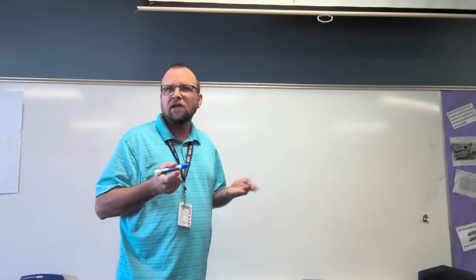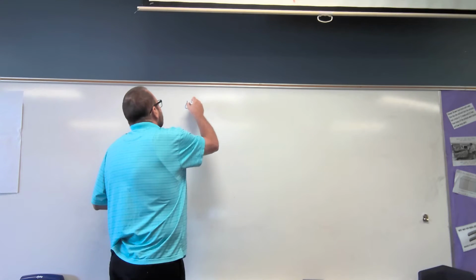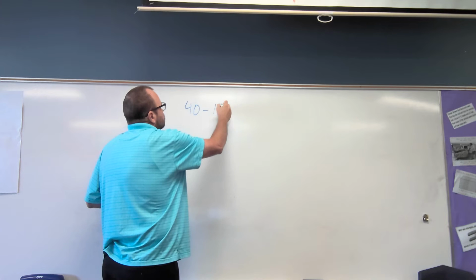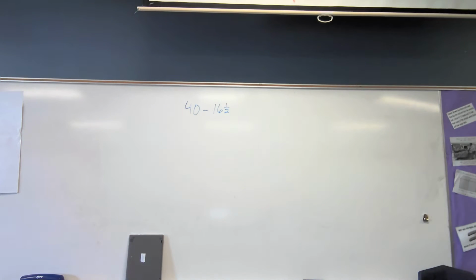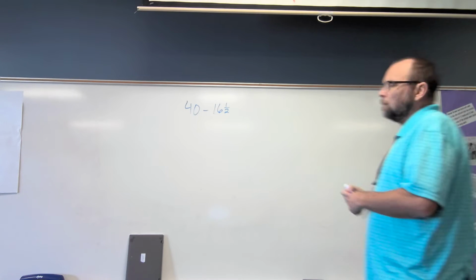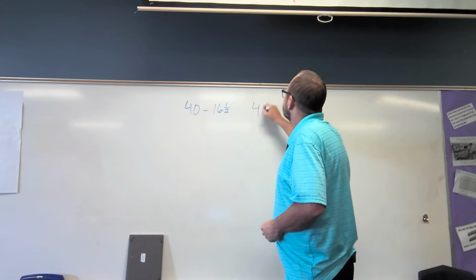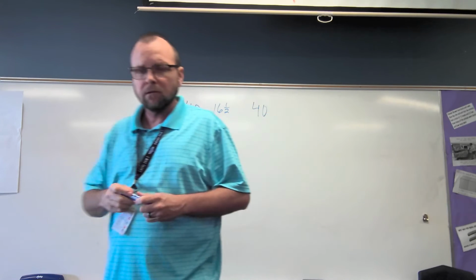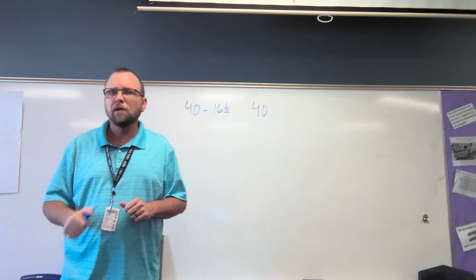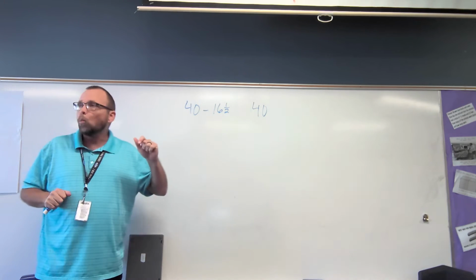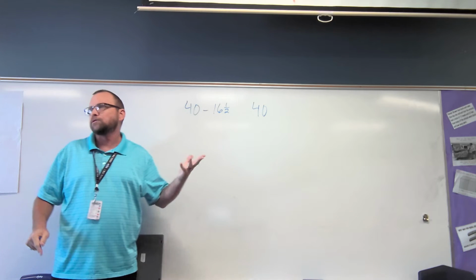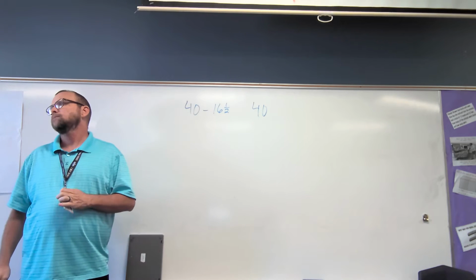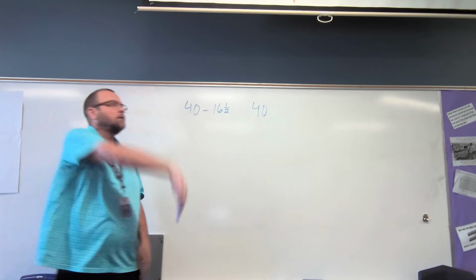Obviously, we started with 40 inches and we're subtracting 16 and a half because that's how much was cut off, but we have to write this as a decimal. Seth, 40 doesn't have a decimal. What do I do? You put a decimal point behind it, behind the ones place.